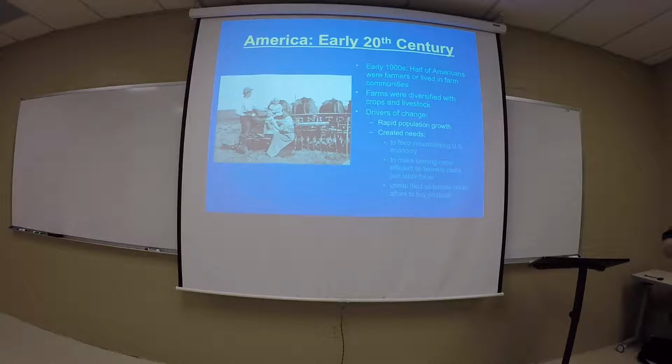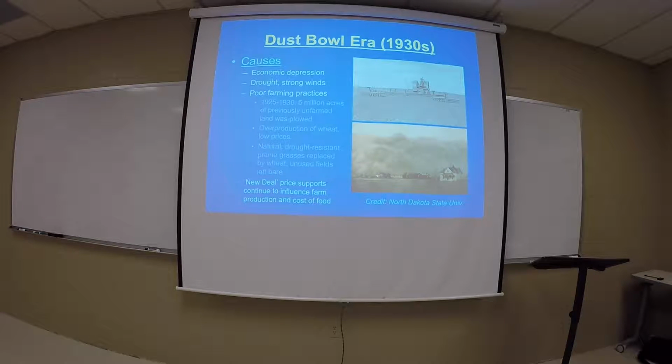There was a thought back in those days that farming was really kind of just drudgery. And so it was better to get off the farm and maybe get a job somewhere else in a factory or a business rather than having to work on the farm. And also there was a need for cheap food so that people that worked in those factories and businesses could afford to buy the products that were produced by the factories. So a lot of change at that time.